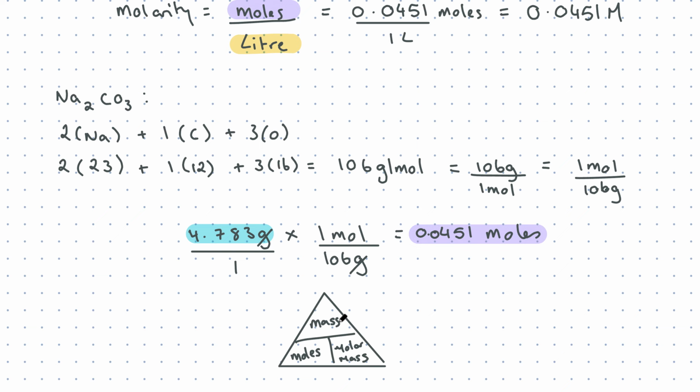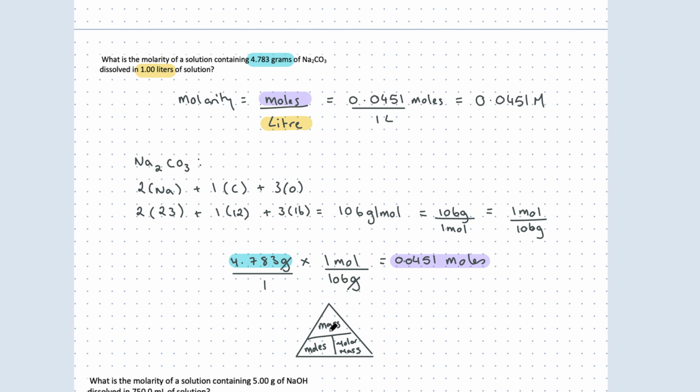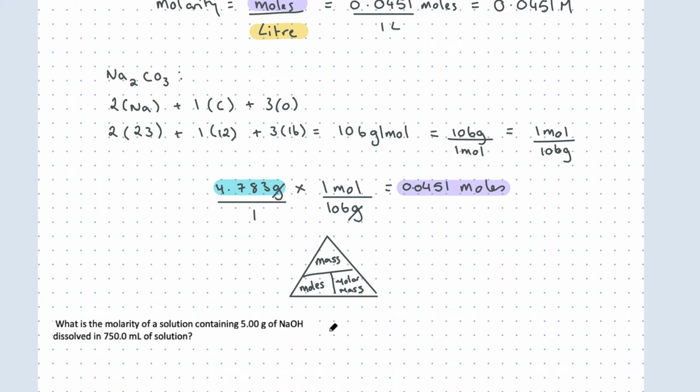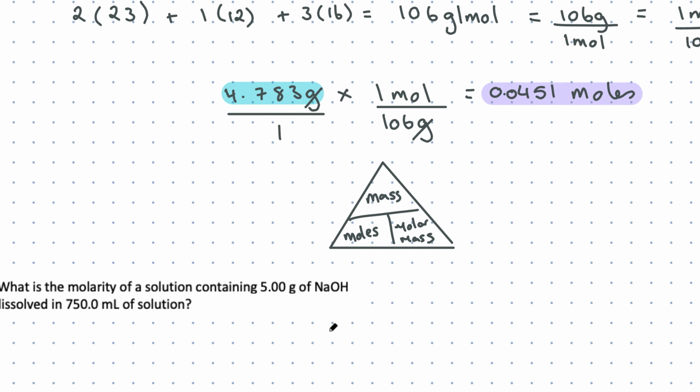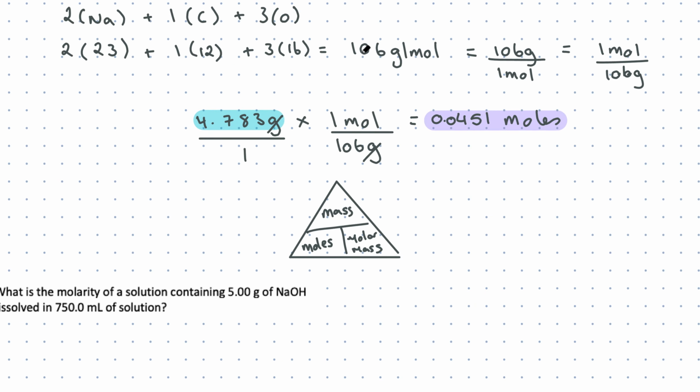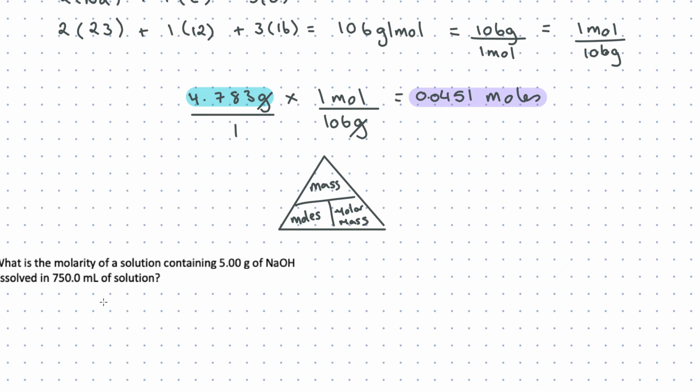So the next question that I have here is, what is the molarity of a solution containing 5 grams of NaOH? So NaOH is something that you'll be familiar with from the titrations as well. NaOH is sodium hydroxide.